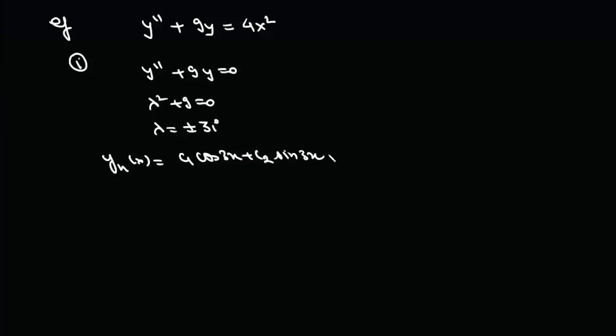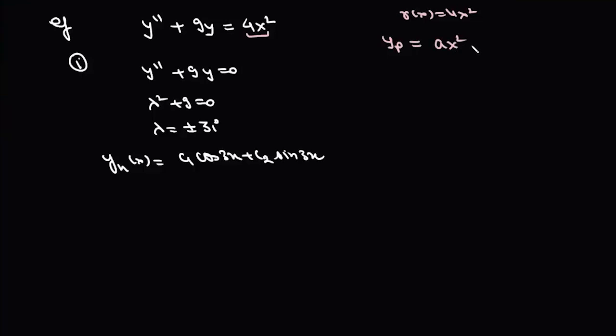So that's your yh. Now we need to find yp. In order to find yp, we look at this r(x), which is 4x square. Then from the table we know we can choose yp as ax square plus bx plus c.